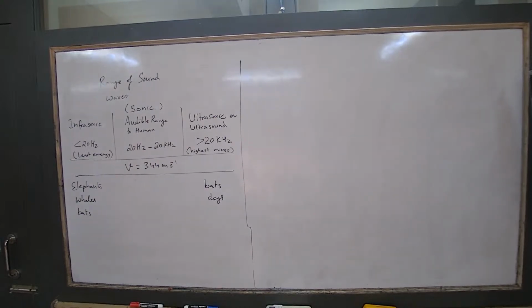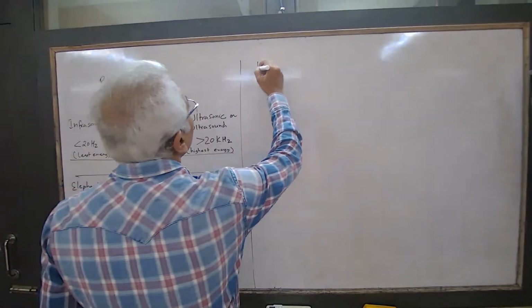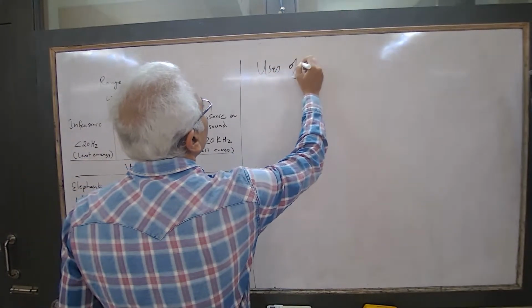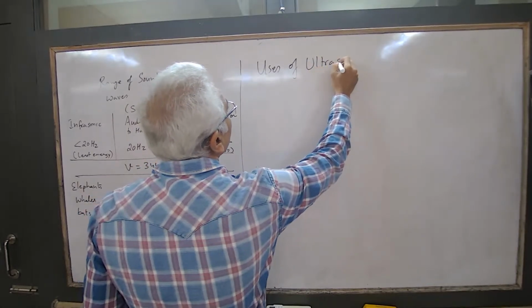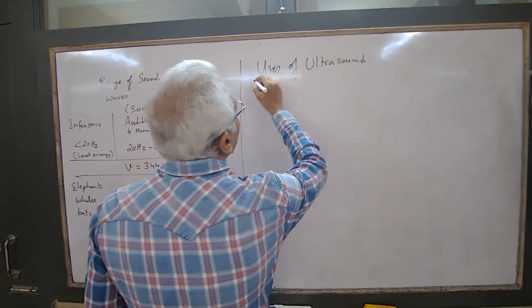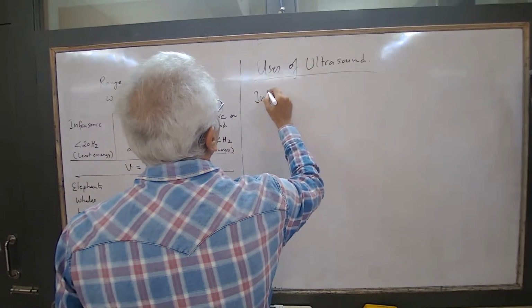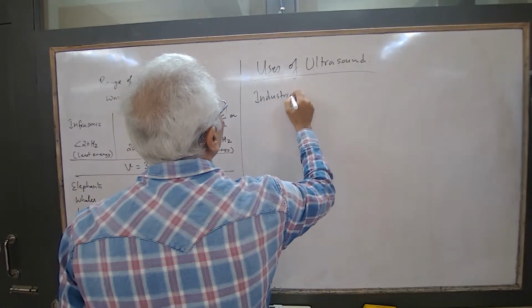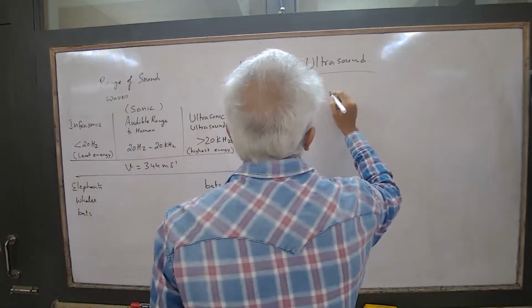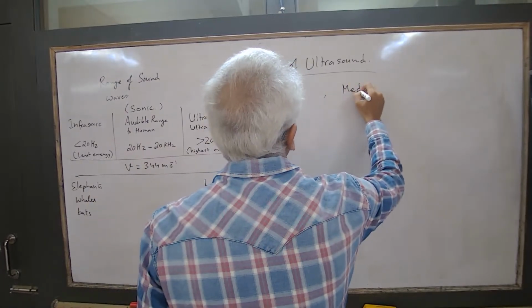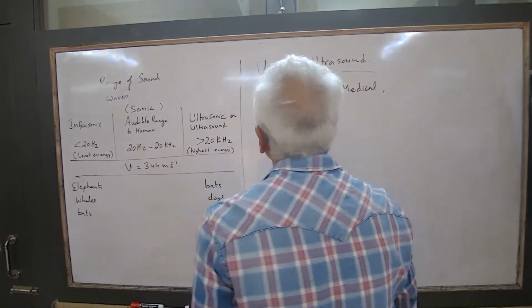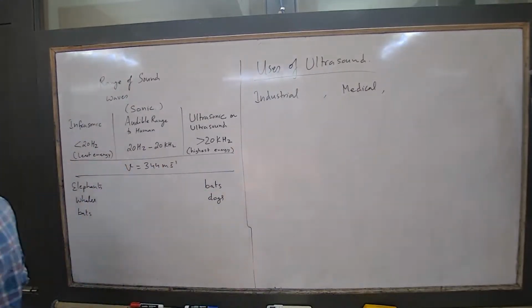Then uses of ultrasound. There are certain applications, uses of ultrasound. It has industrial uses and medical uses. These are the two types of uses.